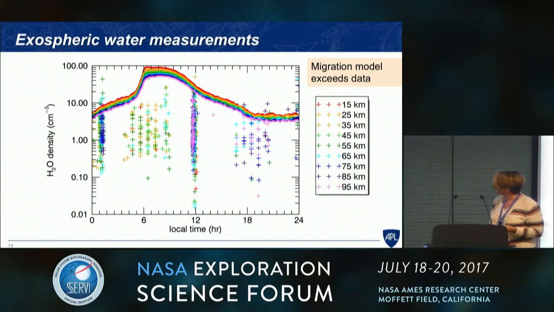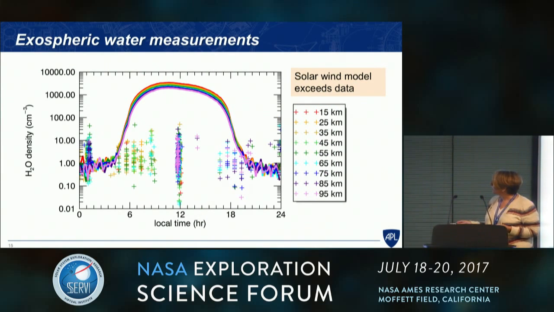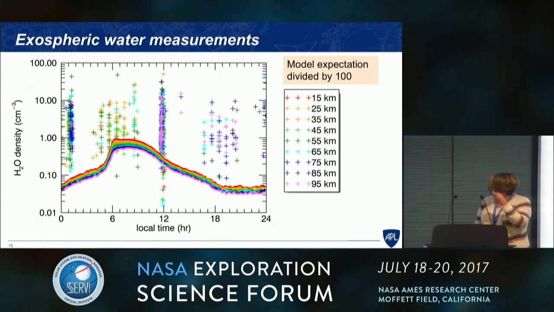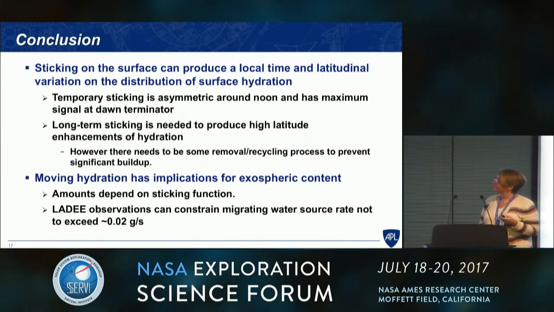Here is the model of the exosphere with the solar wind as the source, and again, all these data points are below the model, which suggests that solar wind is not very efficient at producing water that would then migrate around.